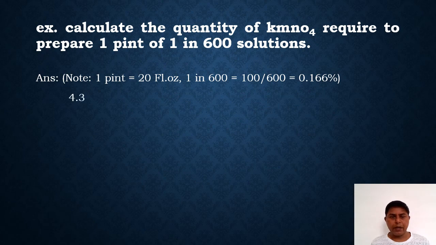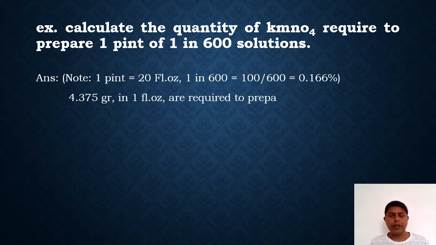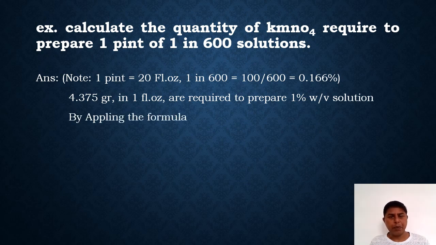We know that if you want to get a 1% W by V solution in the imperial system, we need to add 4.375 grain of solid. In the given problem, it is stated 1 pint, which can be converted to 20 fluid ounce, and 1 in 600, which in the slide we saw is 100 by 600, that is 0.166%.